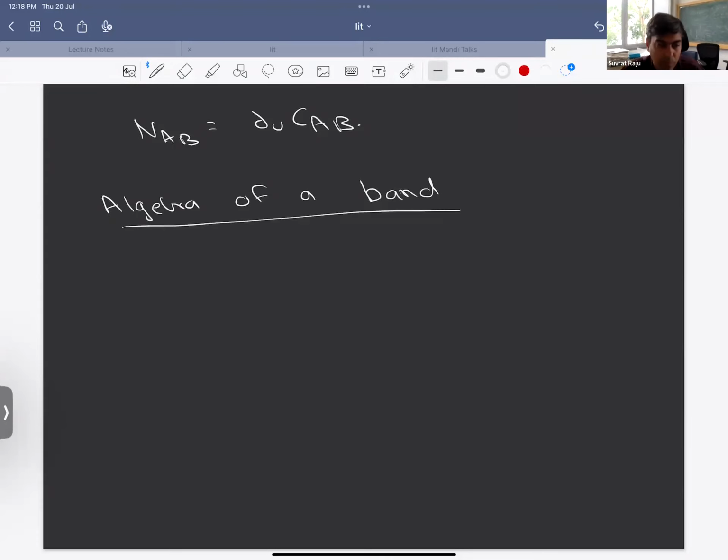So far I was talking about the asymptotic algebra, which had to do with the algebra of operators everywhere on null infinity. But now let me think of an algebra that lives on some part of the asymptotic boundary. Maybe like this part of the asymptotic boundary.